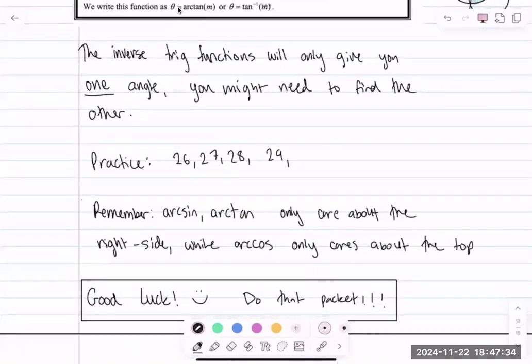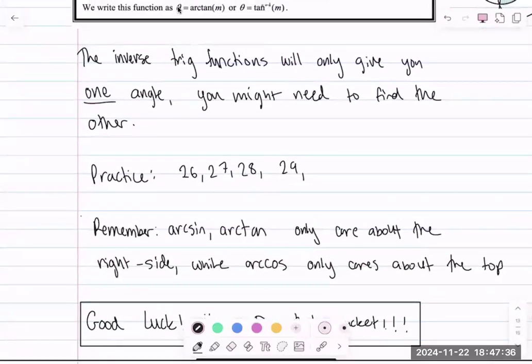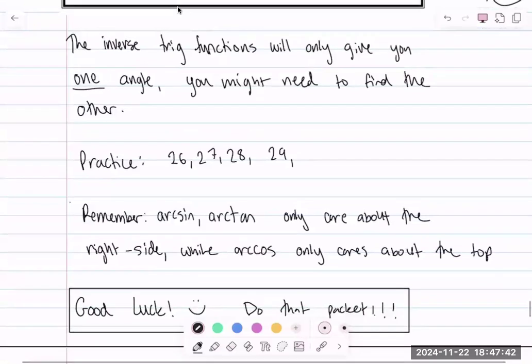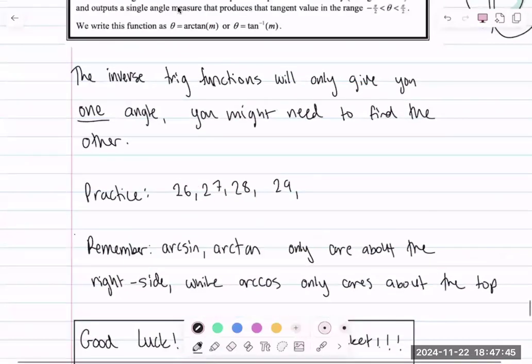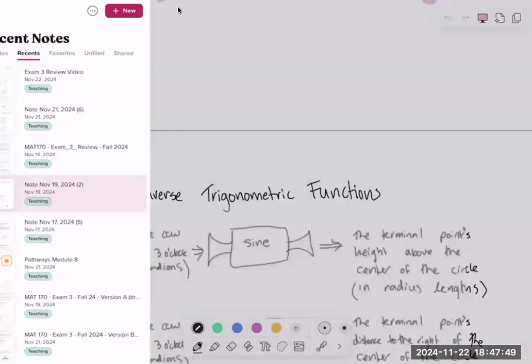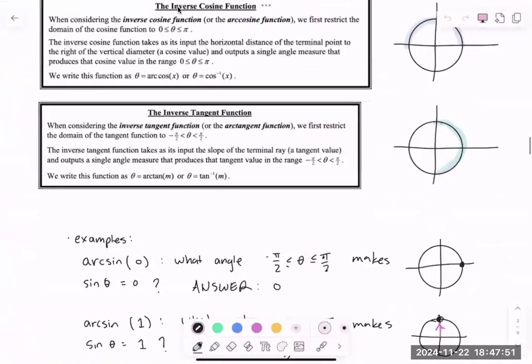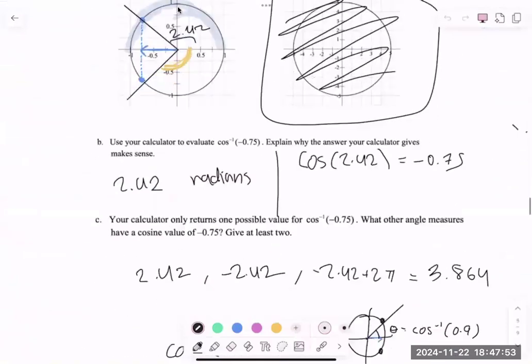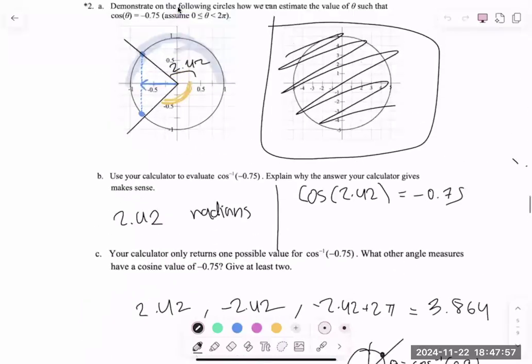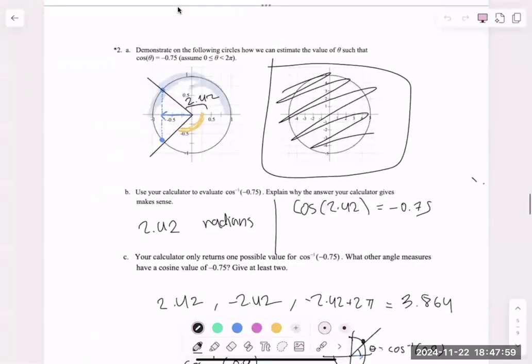So just keep these in mind when you're solving. Really good practice for all of these is 26, 27, 28, and 29. And remember, arcsine and arctangent only care about the right side, while arccosine only cares about the top, and you will need to find the other point. Let me go to this real quick. What I taught my students was this example that I did in class, to demonstrate how we can estimate the value for theta on the following circles.